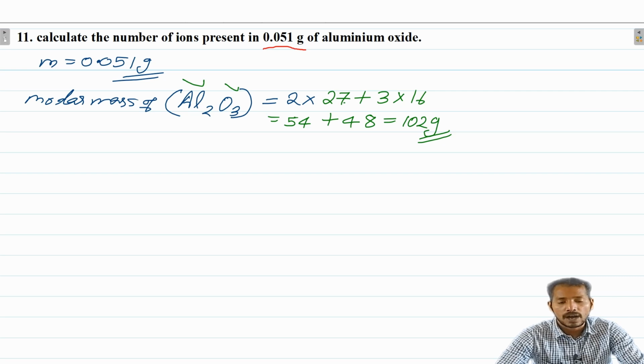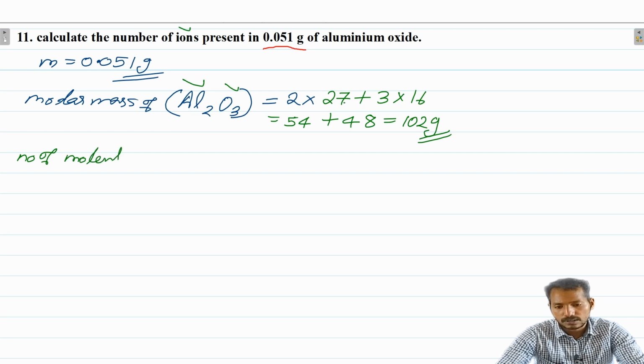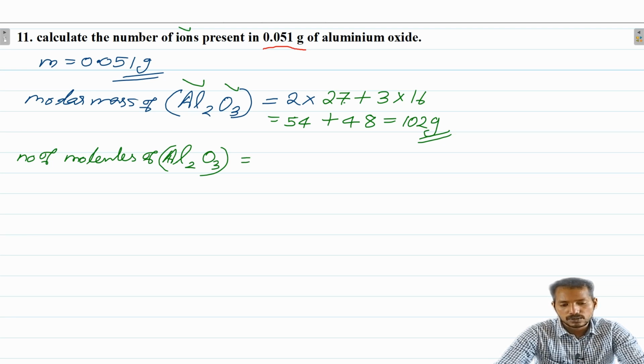Now number of ions we have to find. First let's find the number of molecules of aluminium oxide, Al2O3, present in this. Number of molecules is equal to small m divided by capital M into N0.